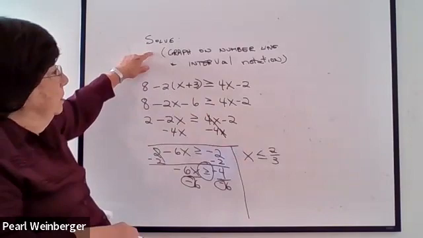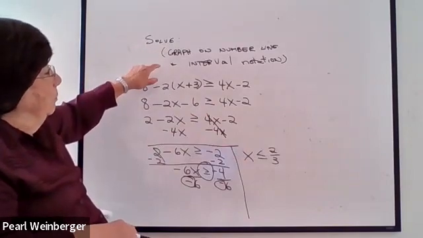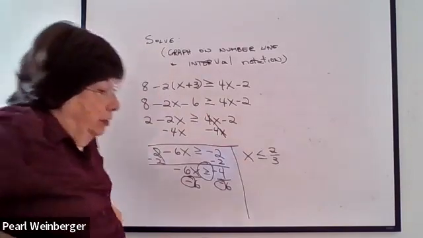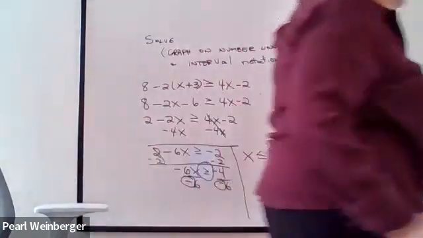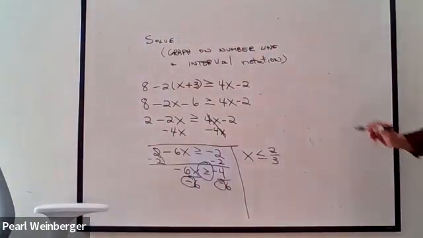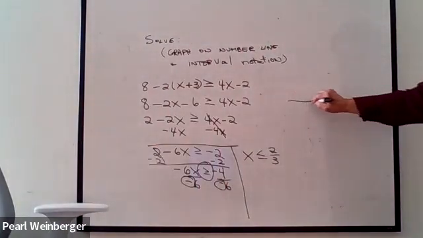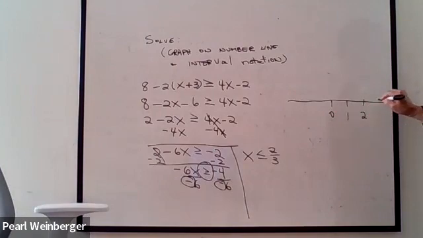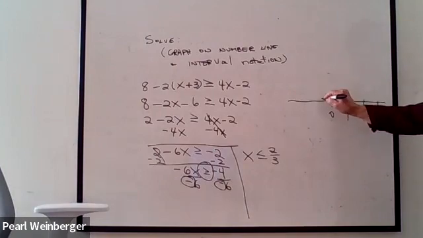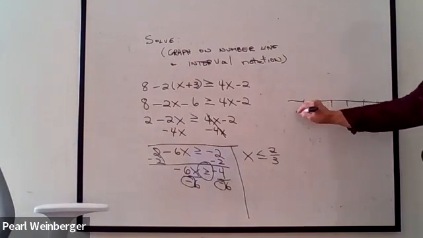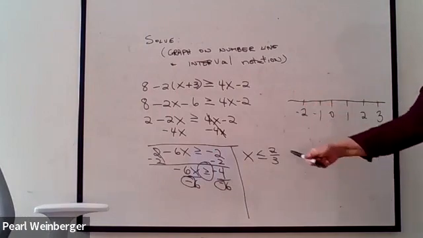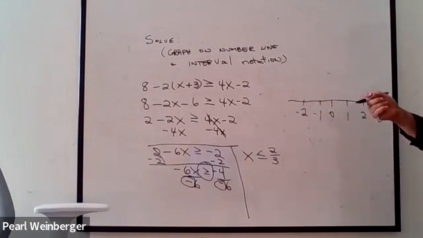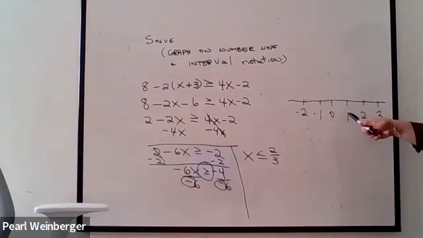But we also wanted to graph it on the number line, and we wanted to put the solution in interval notation. So let's first look at our number line. So here's 0, 1, 2, 3, and here's -1, -2. Now I have to locate 2/3. It doesn't have to be exact, but obviously 2/3 is between 0 and 1.